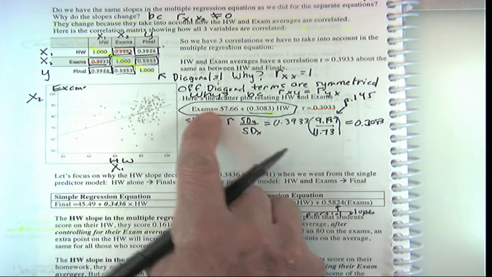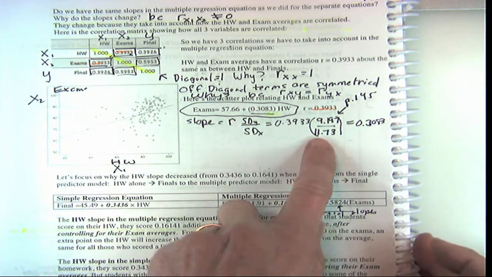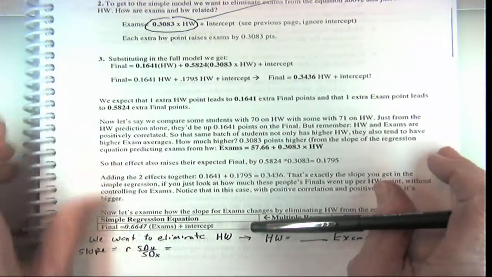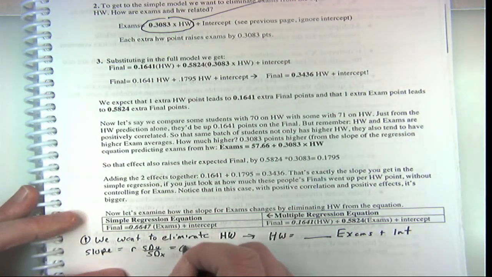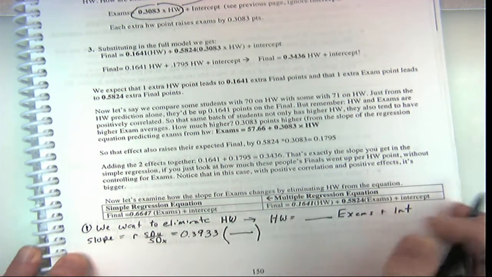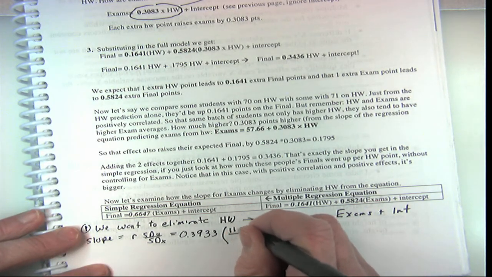Here, exams were y, now homework's y. So homework's standard deviation will be on top. It's just going to be the same thing, but we'll flip those. So 0.3933, that's r. And now we're going to take the ratio of their standard deviations with the one for homework on top, which was bigger.